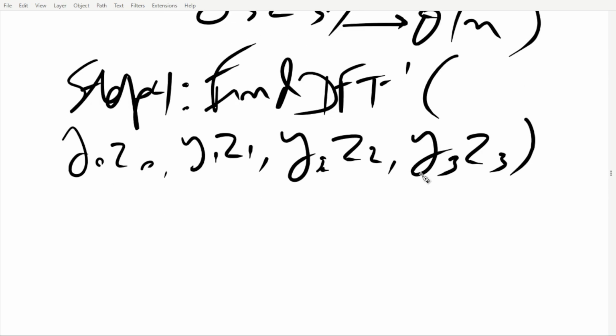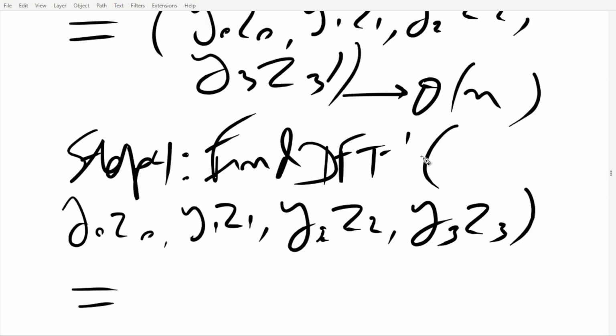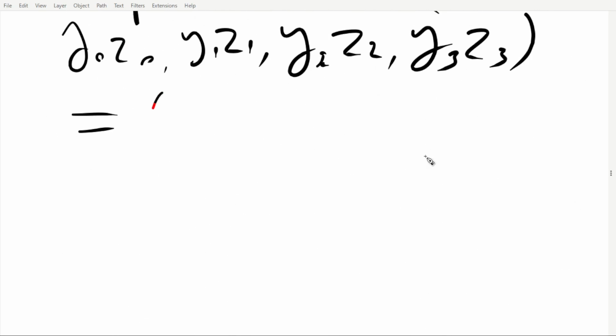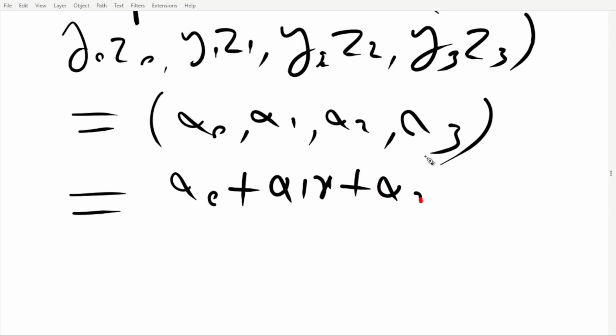We get a0, a1, a2, a3, and recover our product a0 plus a1 x plus a2 x square plus a3 x cube.